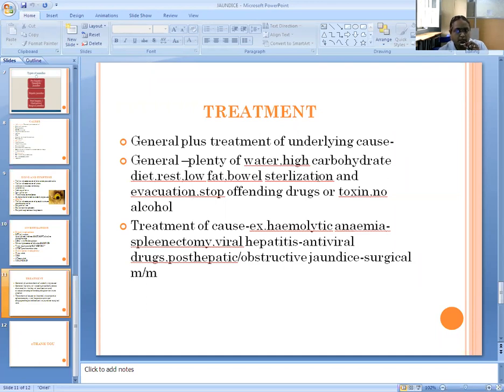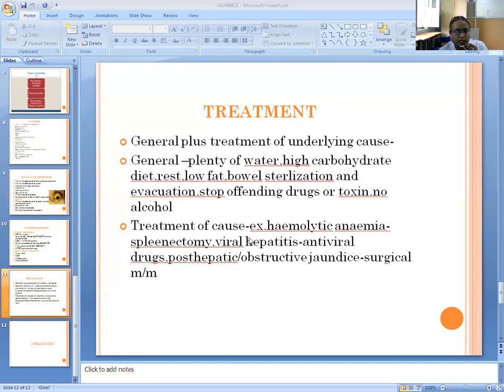The patient should pass motion daily, because evacuation of the bowel is very important. Your bowel should be empty daily. Then stop the offending drug or toxin which can cause damage to the liver. No alcohol in jaundice.